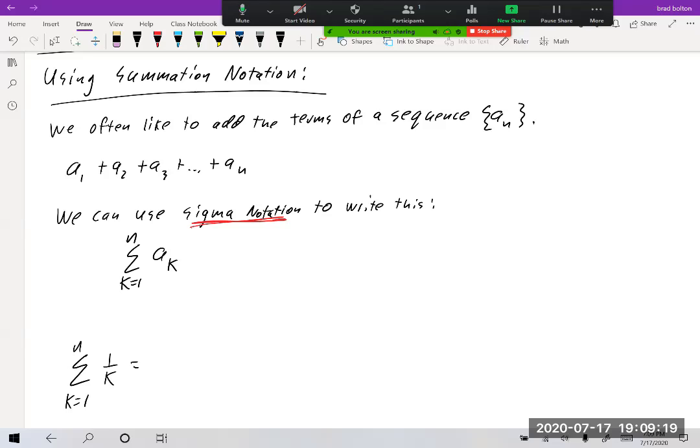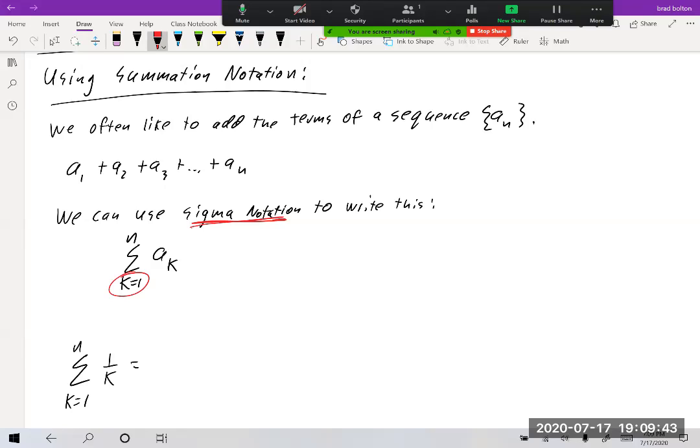So by doing that, you are saying that you are going to add up all the terms of the sequence. This symbol right here means to sum or to add up. Okay, that's what sigma is, the letter S. So it means to add. Whenever you see this notation, it simply means add. All you have to do is add up whatever they tell you.